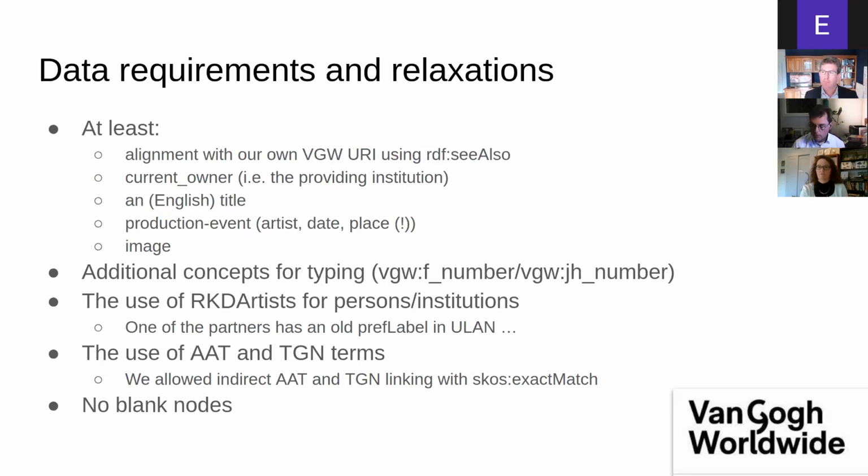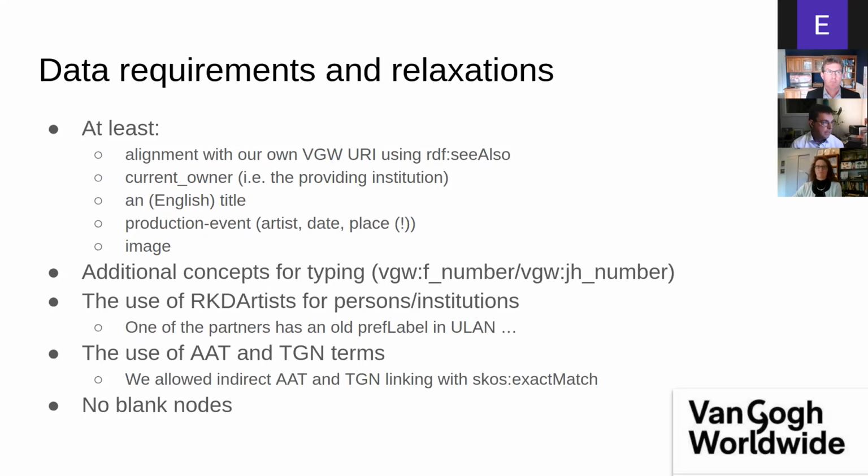And eventually we chose to use the RKD artists authority file, which is from the National Institute of Art History in the Netherlands, because we could introduce all kinds of persons and institutions in there within 10 minutes and then add them to the website. That was a more convenient way to work, and we could have more precise information on persons and institutions that way.